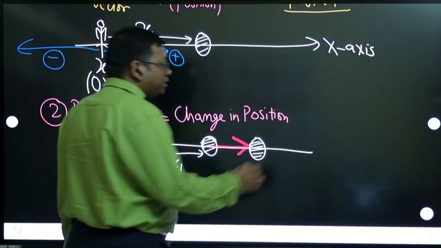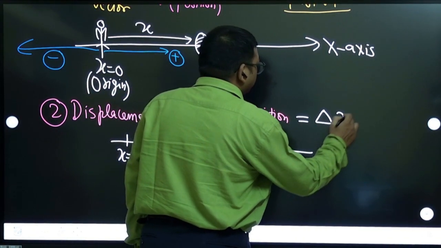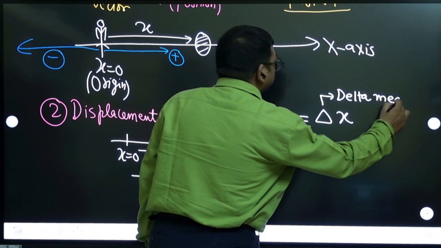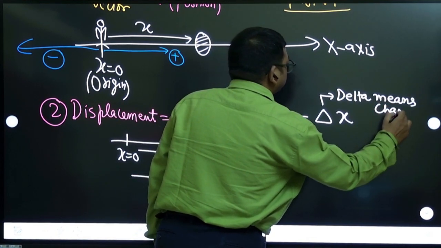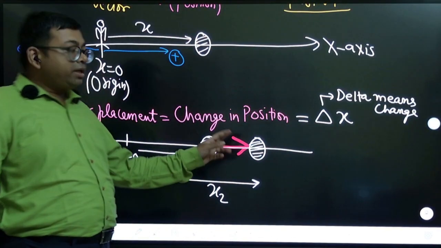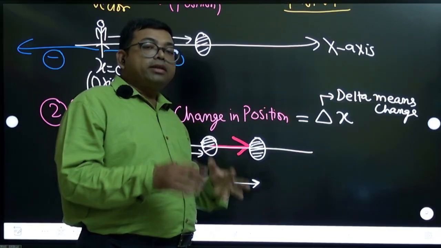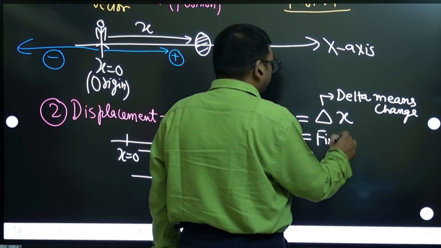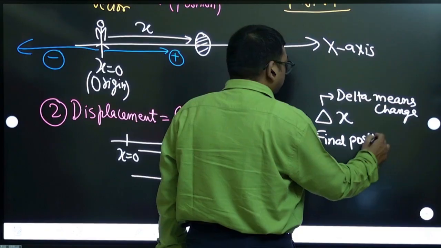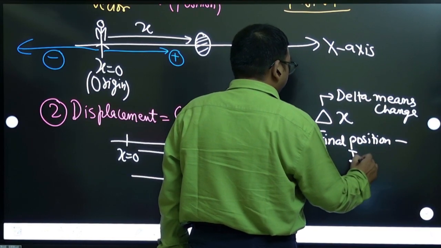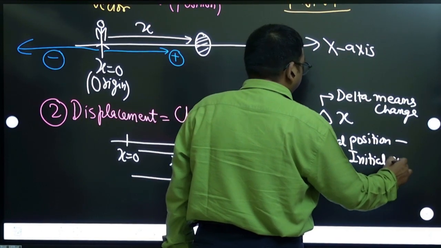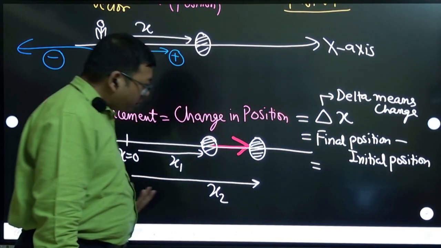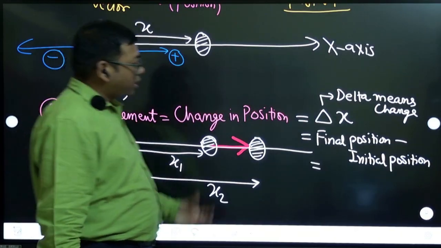Displacement is written as delta x. Remember, this is called delta, and delta means change. So change in position means final position minus initial position, and the final position is x2, the initial position is x1.